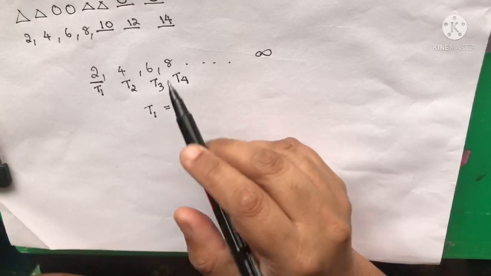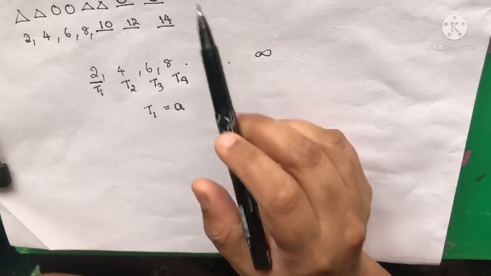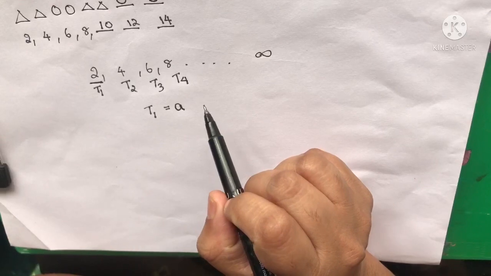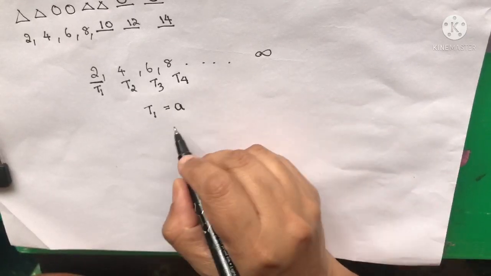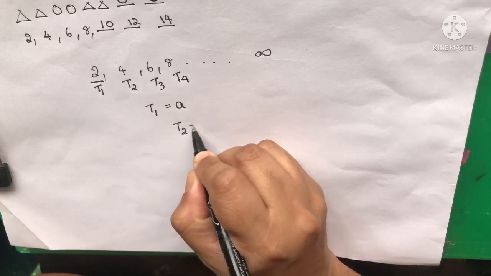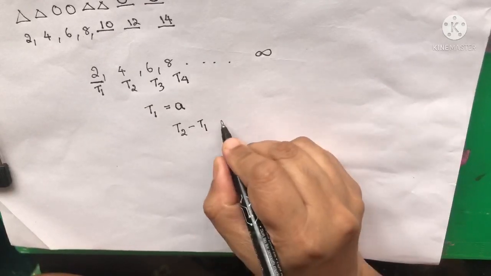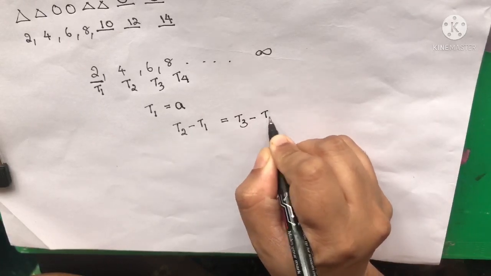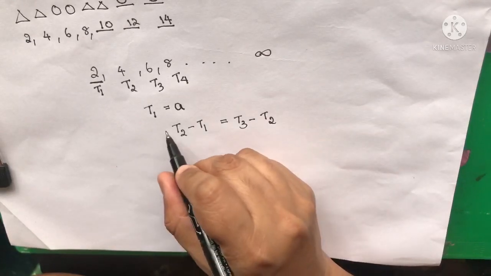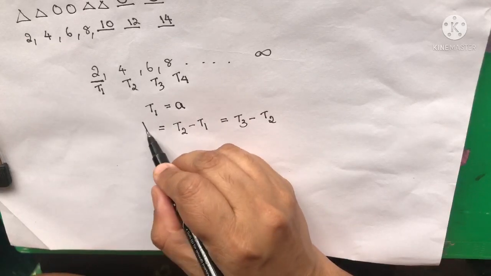Now, how do I know if a sequence is an arithmetic progression? The simplest method to know it is to calculate T2 minus T1, and that should be equal to T3 minus T2, and this is called the common difference.